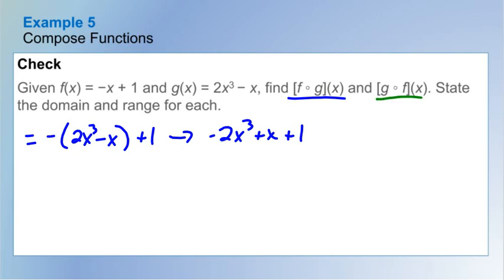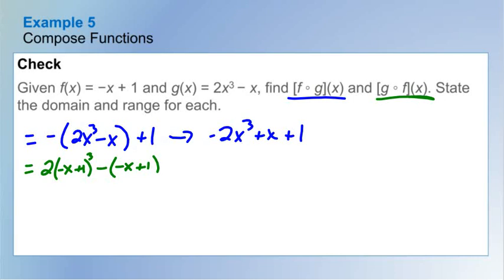And we'll do green for this one, which puts negative x plus 1 in for x, which will give us 2 times negative x plus 1 cubed minus negative x plus 1.